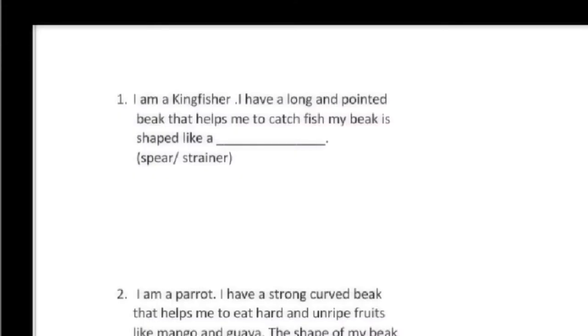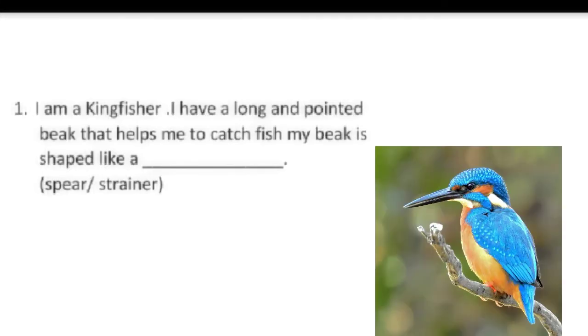So here is our question number 1. I am a kingfisher. I have a long and pointed beak that helps me to catch fish. My beak is shaped like a, the options are spear or strainer.